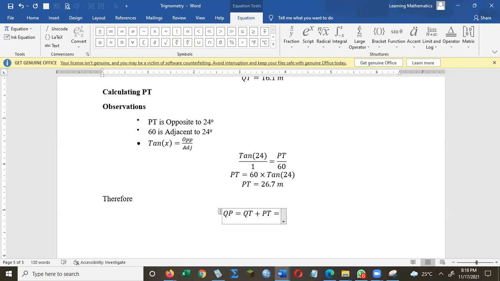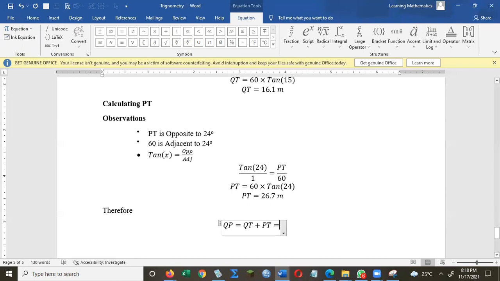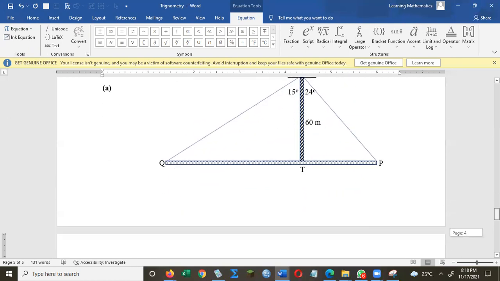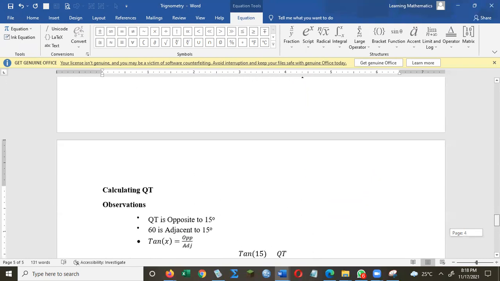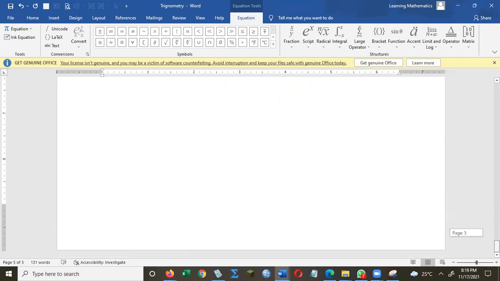So that's equal to 16.1 plus 26.7. And that's how much? 42.8 meters. So the distance Q from P is 42.8 meters. And that will take care of that question.